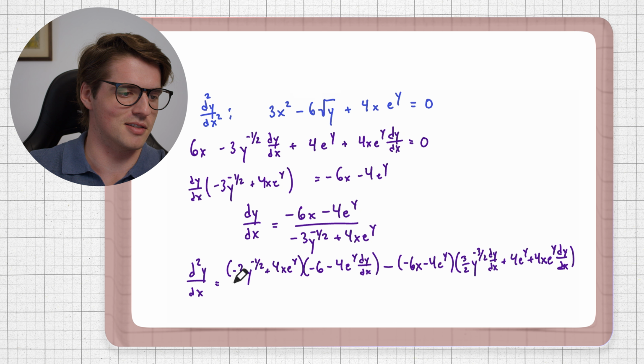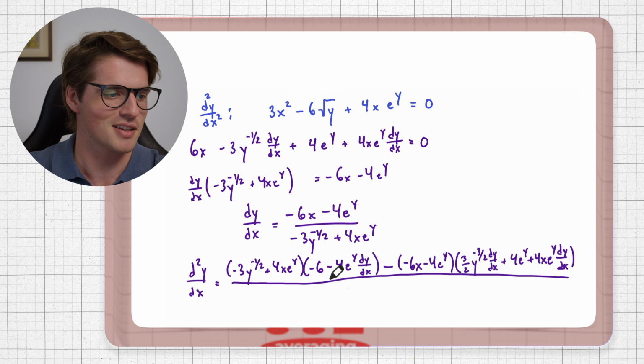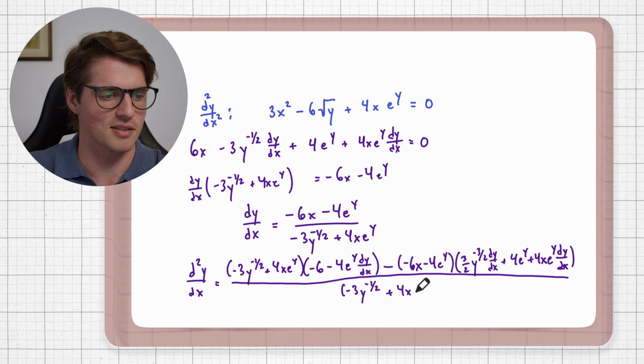Okay, I am not going to simplify this, but that could be done, I guess, over all of this squared, negative 3y to the negative 1/2 plus 4x e to the y, squared.